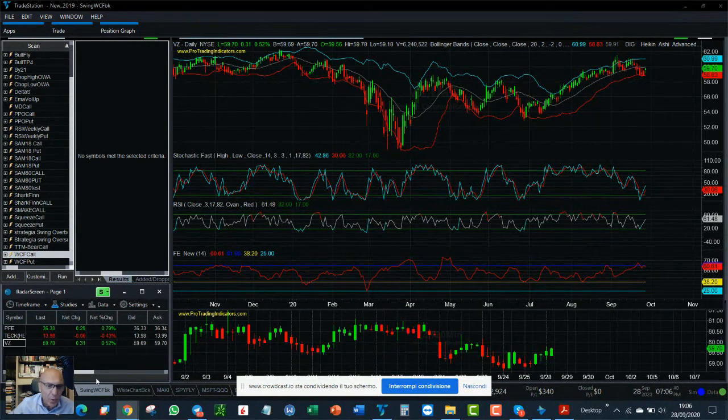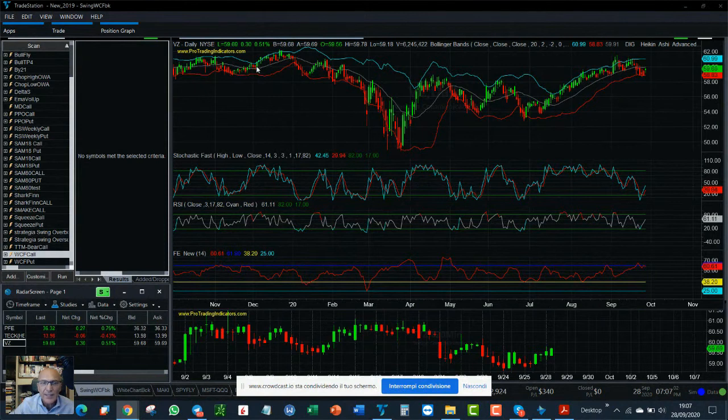In this workspace, as you can see, we have a window that has a list of all the scans that we have active in the workspace. We have a list of some stocks that we just put on a watch list.